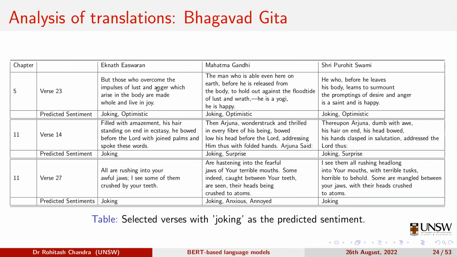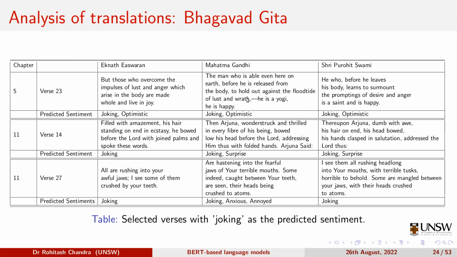But those who overcome the impulses of lust and anger which arise in the body are made whole and live in joy. So Mahatma Gandhi's version is: the man who is able, even here on earth, before he is released from the body, to hold out against the flood tide of lust and wrath, he is a yogi, he is happy.